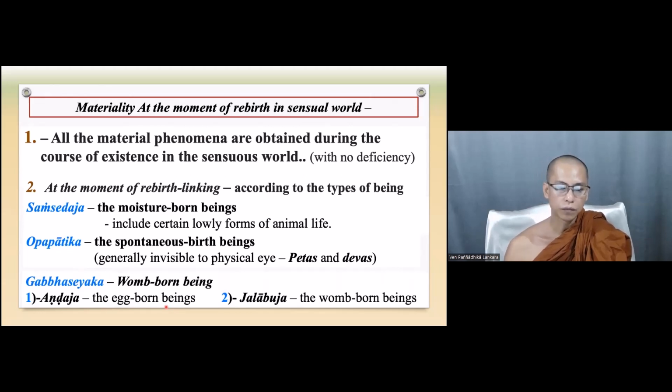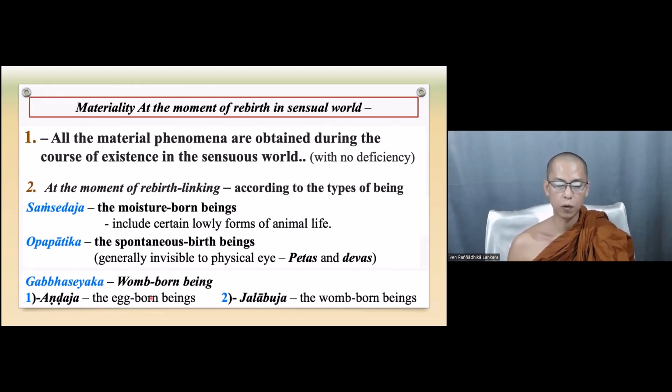They are womb-born beings, but they are specially classified under Andaja because they were born through eggs. So they are also called twice-born beings, Dvija.